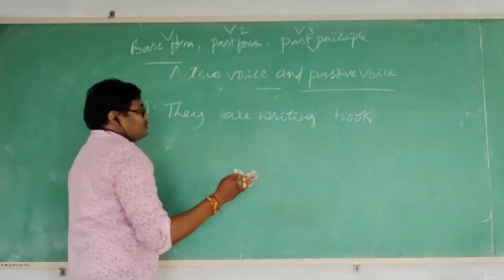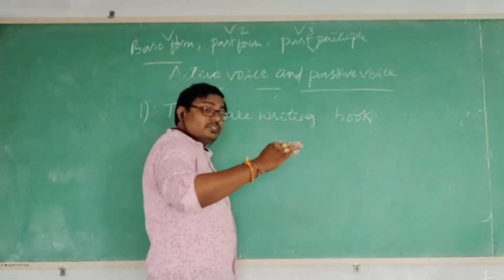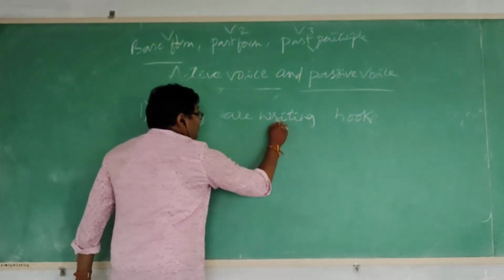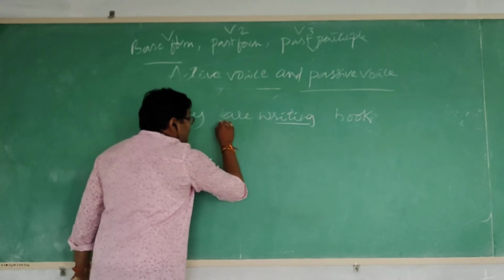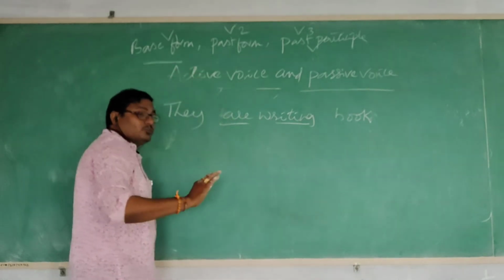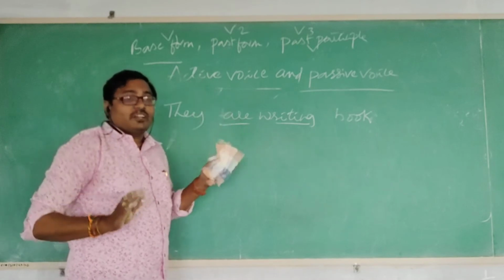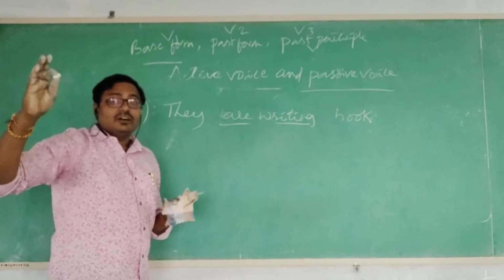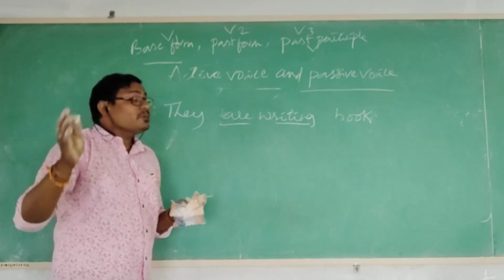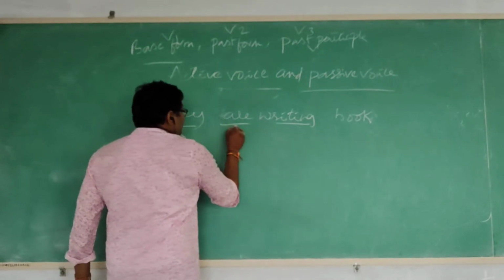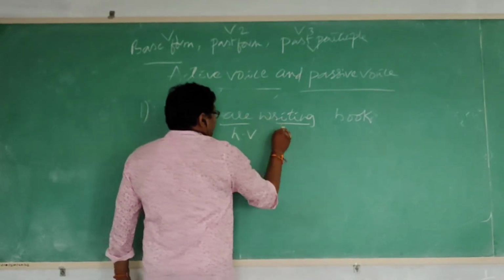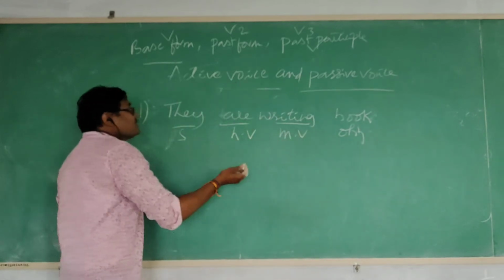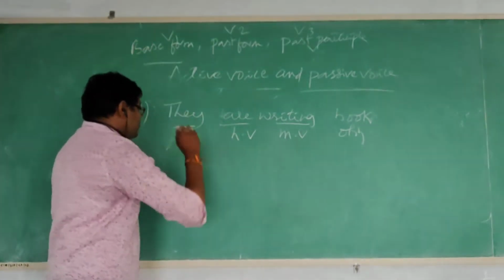Here we can see this sentence is in present continuous tense, because we can see the ing form, and we can also see the helping verb. That's why we can say that this sentence is in present continuous tense. As per the 6 rules, this is the subject, helping verb and main verb, and this is the object. Now let us see how we can convert into passive voice.